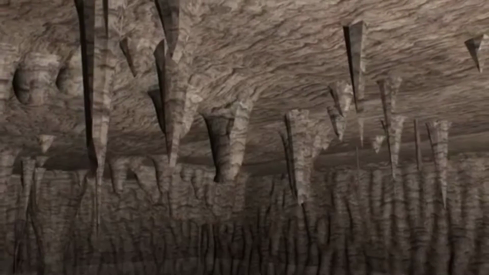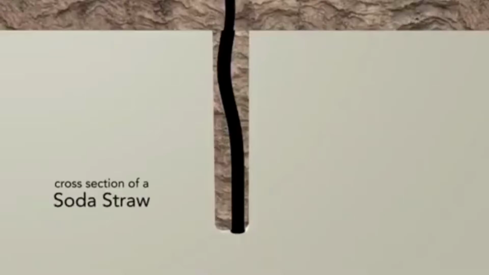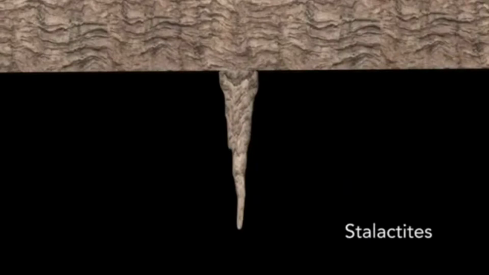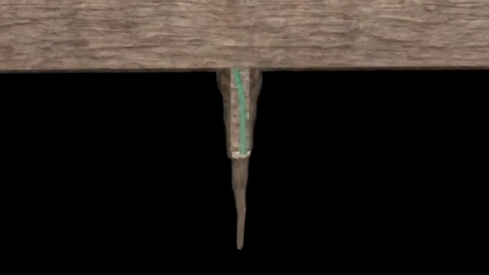Over here, we have the dripstones. Soda straws are thin-walled, hollow formations that resemble drinking straws. As water drips slowly from the roof of the cave, it deposits a microscopic ring of calcite crystal. Stalactites hang from the cave roof. Nearly all stalactites start their life as a straw.